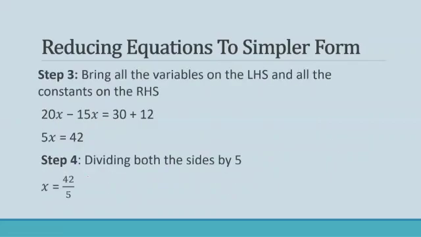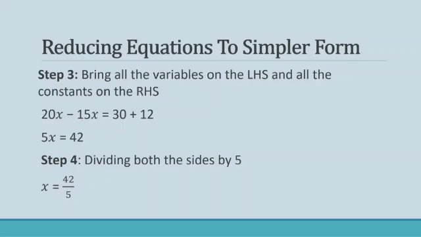Next, step 3. Now we will bring all the variables on the left hand side and all the constants on the right hand side as we have done earlier. So now you can see this both the terms, this 20x and 15x, they are the terms with variables, and here on the right hand side we have constant terms.